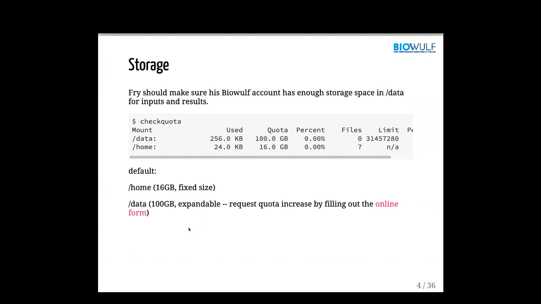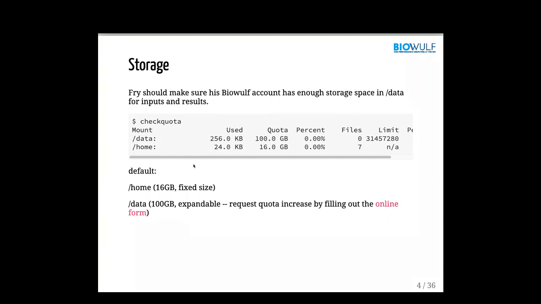A frequent question we get is, I'm out of space while my job is running, could you help us? However, it depends on the timing. It might interrupt your jobs.